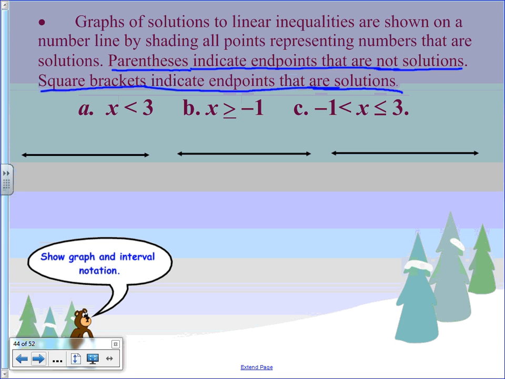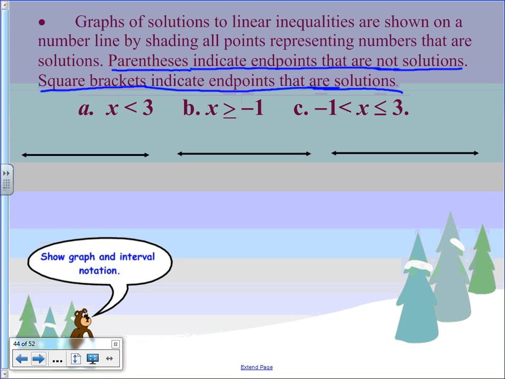Parentheses indicate endpoints that are not solutions. Square brackets indicate endpoints that are solutions. So what we want to do here is show the graph and write the interval notation for the solution.